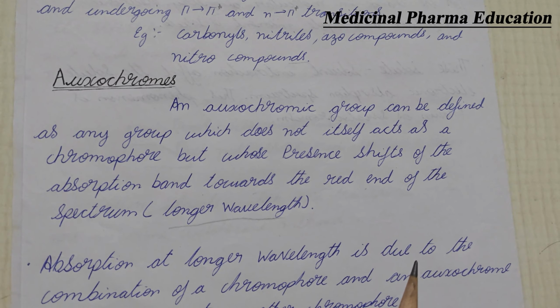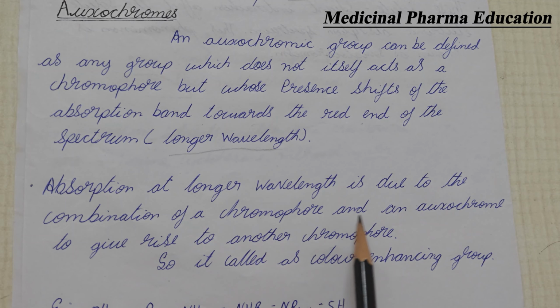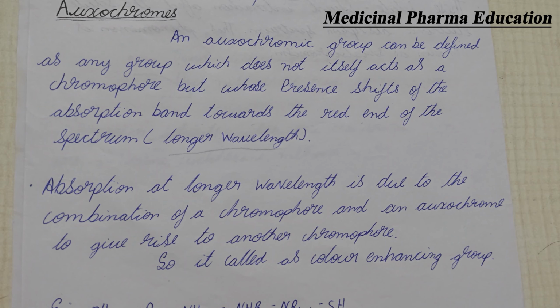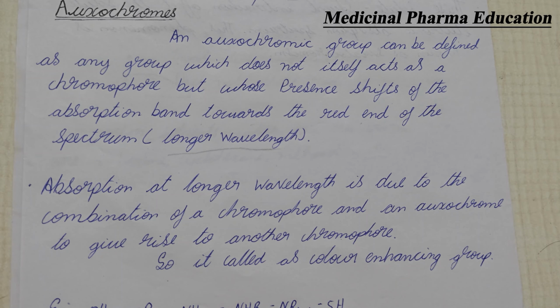The absorption at a longer wavelength is due to the combination of chromophore and auxochrome, which gives rise to another chromophore. This is called a color enhancing group. It's a basic concept where it is the combination.